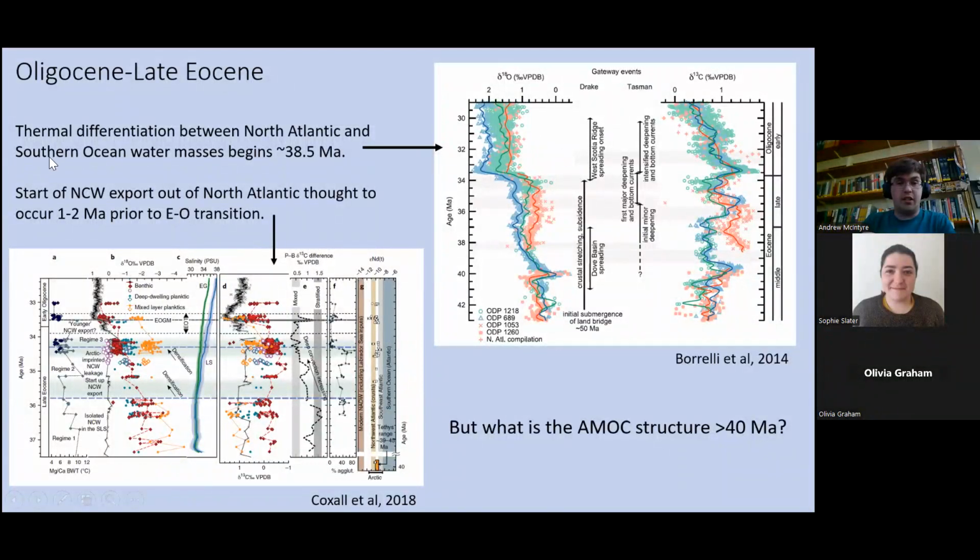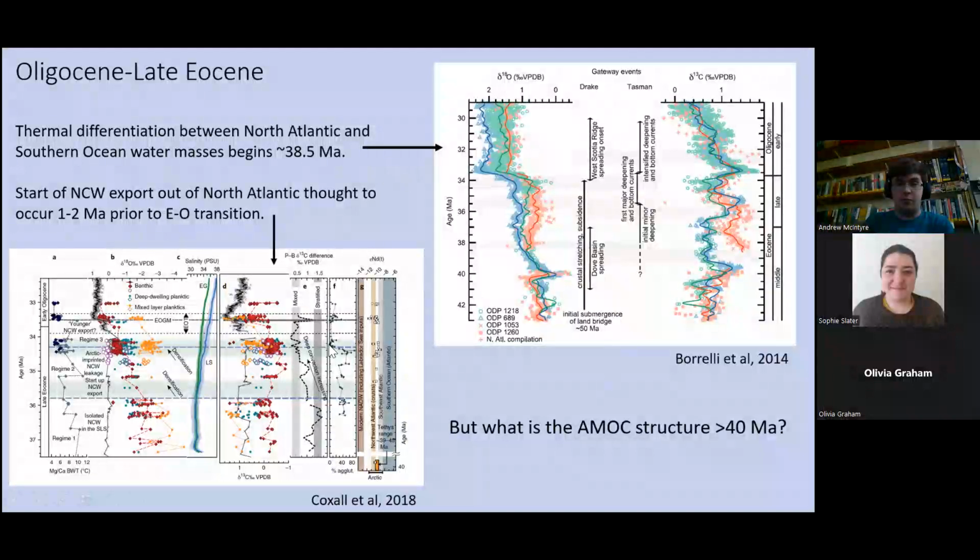And another study looked at some South Atlantic sites again, and some North Atlantic sites, and they used oxygen isotopes. They noticed a gradient between the North Atlantic and the South Atlantic, and they were suggesting that this is evidence potentially for different water masses bathing the North Atlantic and the South Atlantic.